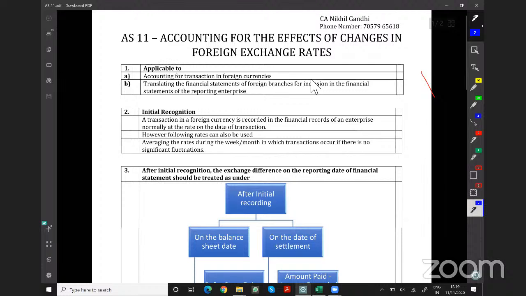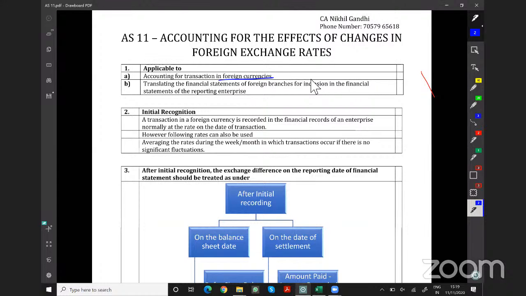So, very short name. So we should understand a few things. AS 11 is applicable for transactions in foreign currency only. AS 11 is applicable if the transactions are in foreign currency only.